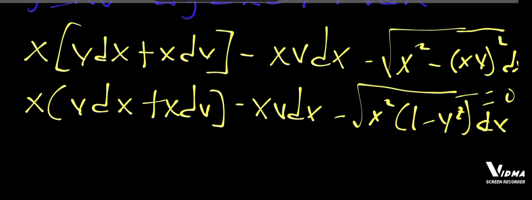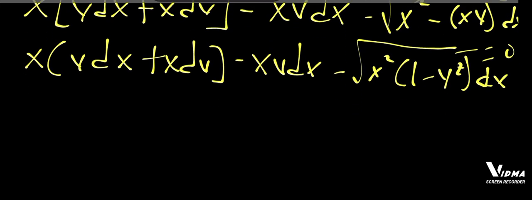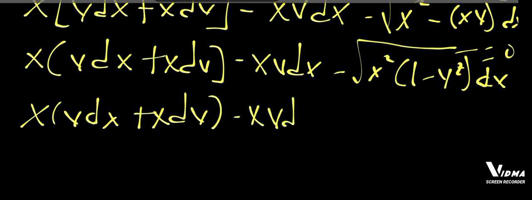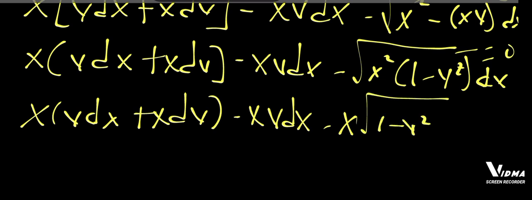And from our example, let me rewrite everything: x multiplying v dx plus x dv, minus xv dx, minus x multiplying square root of 1 minus v squared dx equal to 0.